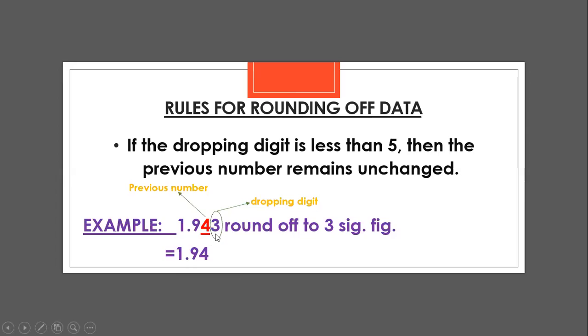Since this dropping digit is less than 5, as my rule says, the previous number remains unchanged. So my final answer would be 1.94. And if I count the significant figures in this value, it's 1, 9, and 4. So there are 3 sig figs. Hence, my answer is correct.